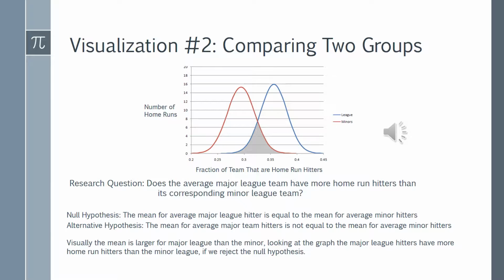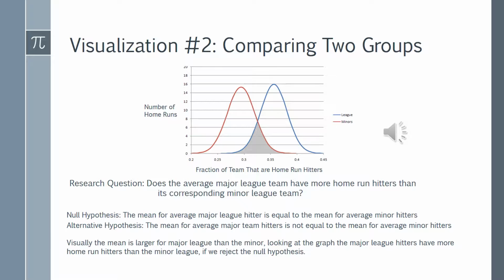The null hypothesis would be the mean of average major league hitters is equal to the mean for average minor league hitters. The alternative hypothesis would be the mean for average major team hitters is not equal to the mean for average minor league hitters.